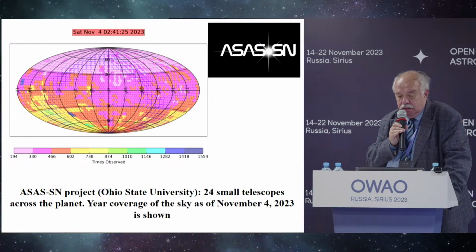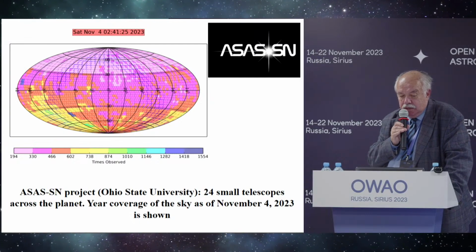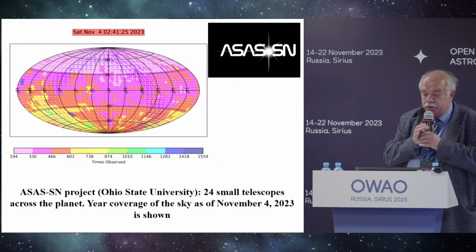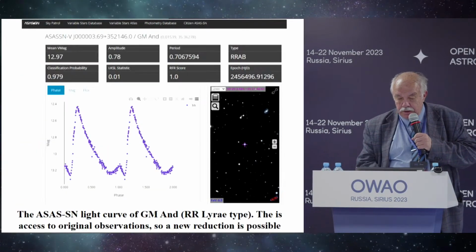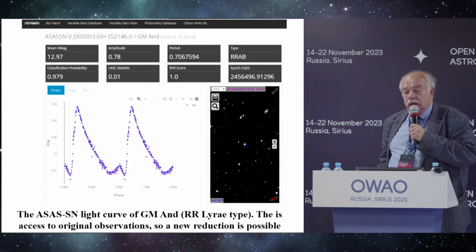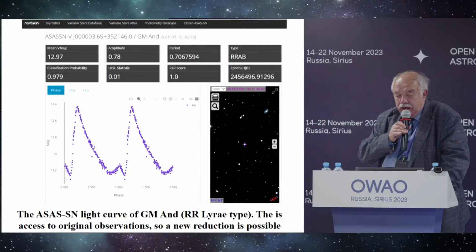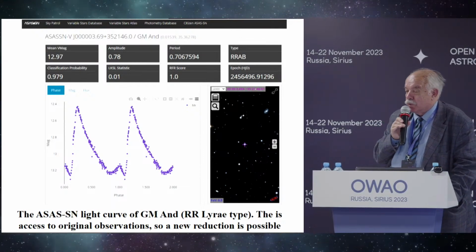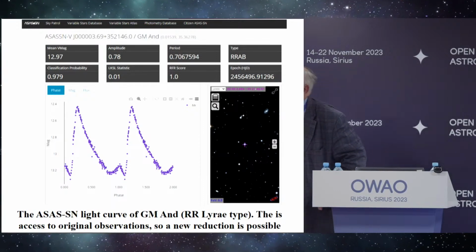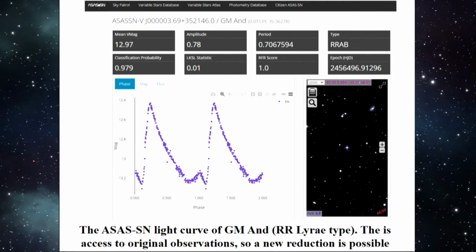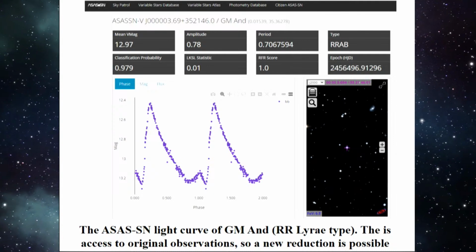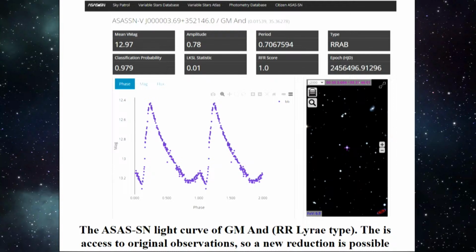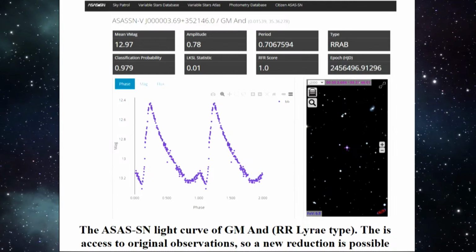You see that mostly there are fields where about 300 observations per year have been accumulated. All their data can be retrieved. They have excellent light curves where they were able to understand what's happening. But there is more to that. There are cases when they did not understand, and these cases are most interesting for us because we can retrieve their observations and learn what was happening ourselves.